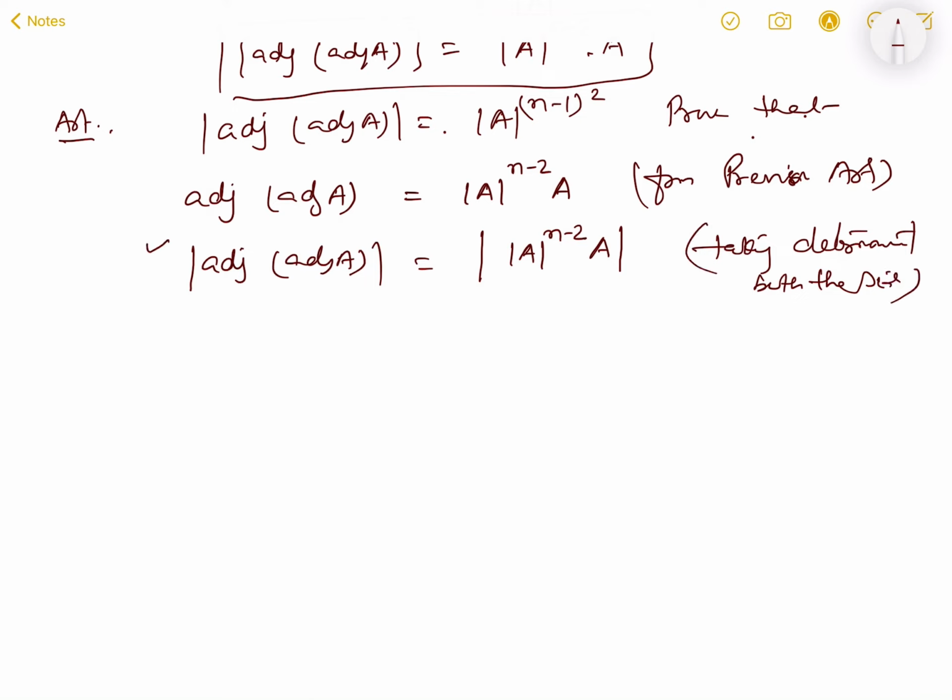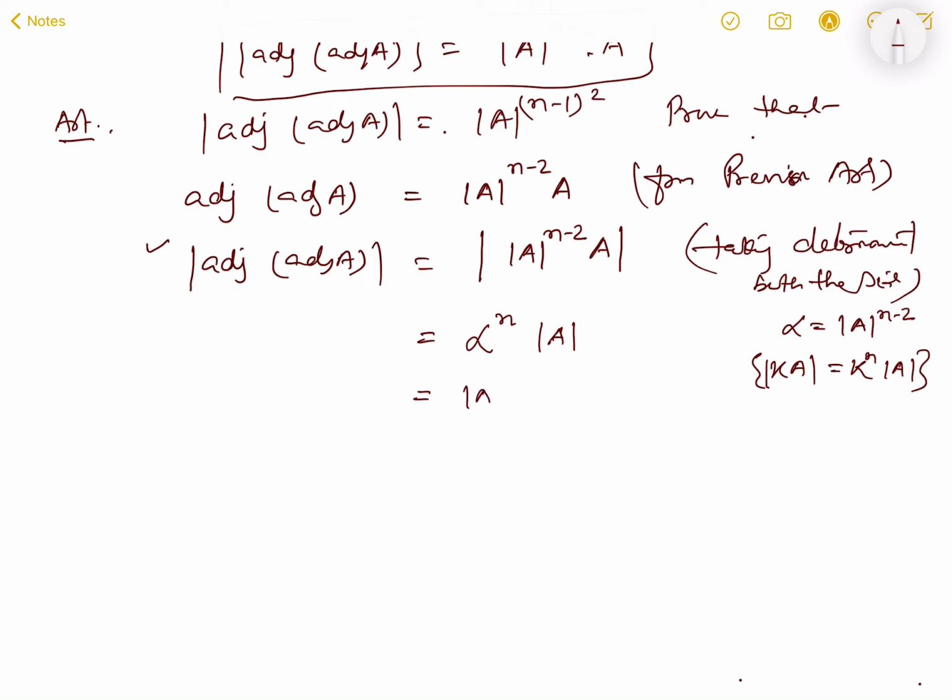So this is our target to find. In the right side, suppose this value is alpha. Alpha is equal to determinant A to the power n minus 2. So from the result, we can say that this is alpha to the power n into determinant A, because we know that determinant KA is equal to K to the power n into determinant A, where the order of A is n cross n. So put the value alpha.